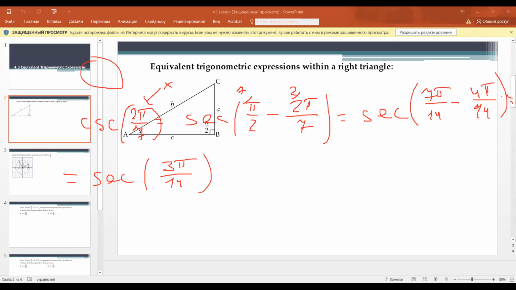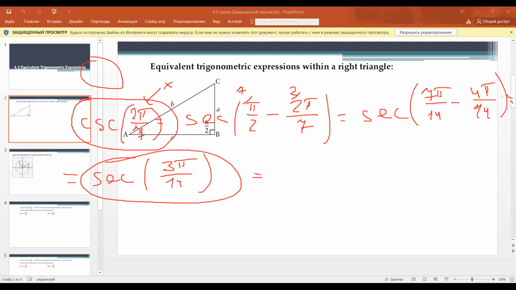Now I can make a conclusion, that cosecant of 2 pi over 7 equals secant of 3 pi over 14 after performing this equivalent transformation. And it's all together equal to 1.2790. Is that clear, guys?